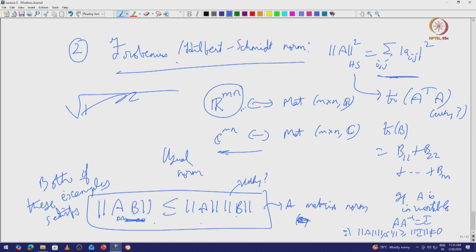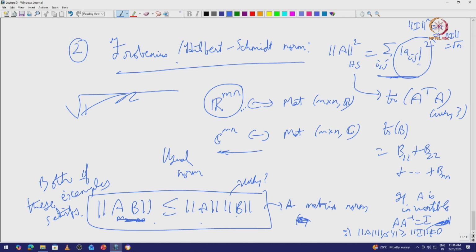Typically, for the Frobenius norm, the norm of the identity matrix is not 1, it's n for the square. Why? Because all the entries except for the diagonal ones are 0, and the diagonal ones are 1. So the norm of the identity squared is n, so the norm of the identity is square root of n.